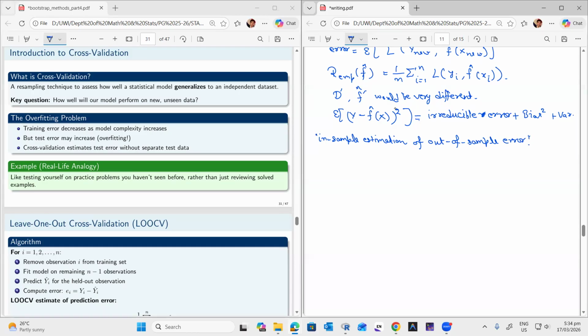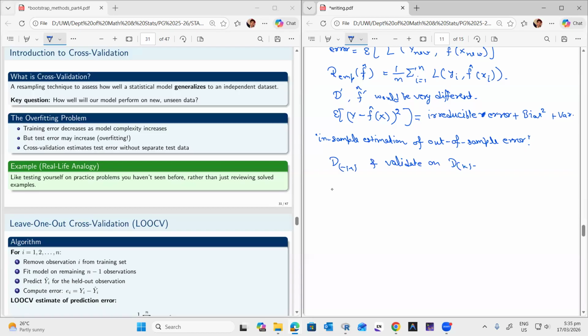For example, in k-fold cross validation, the data is partitioned into K disjoint sets. For fold k, we train on D minus k and validate on Dk.